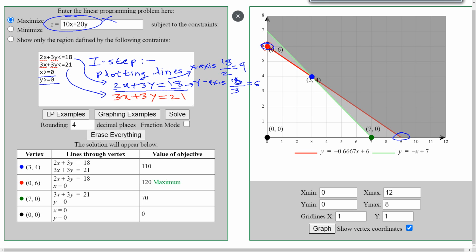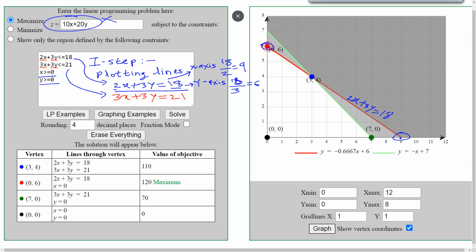And we obtain a line by joining these 2 points, point 9 on the x-axis and point 6 on the y-axis. So in red color we are representing the line 2x plus 3y is equal to 18.